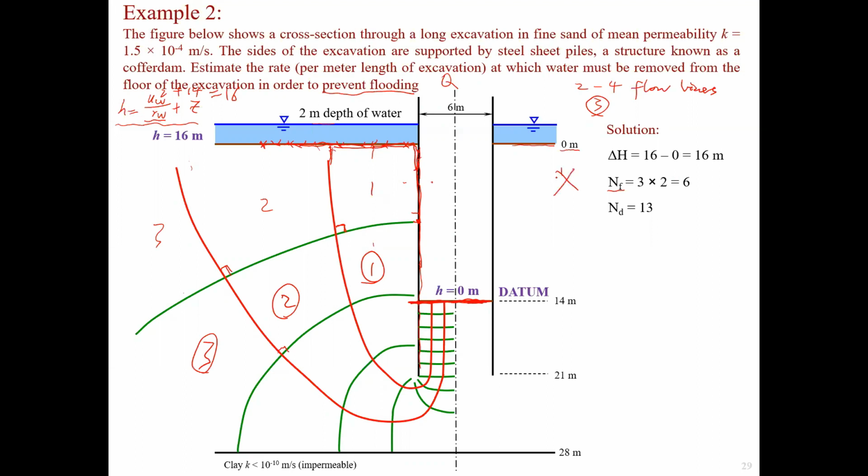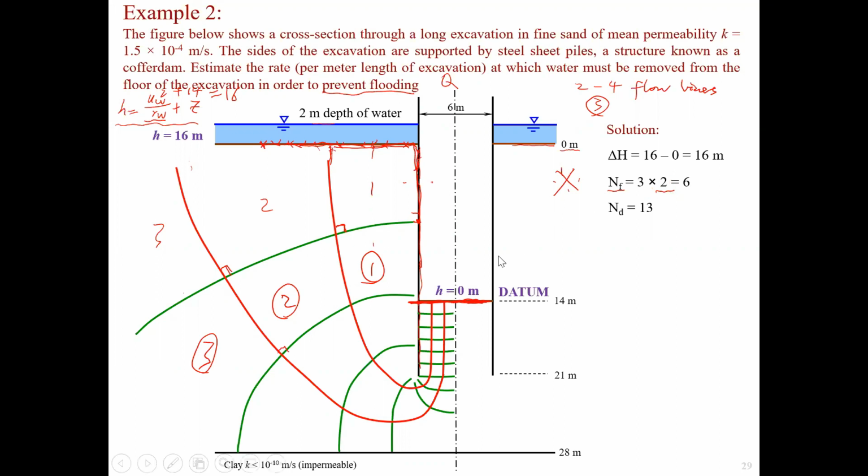But because it's symmetric, on the right-hand side we have another 3 flow tubes, so you have to times 2. Here you have to be careful. In some assessments, you may forget to times 2 for the symmetric problem. If the problem is symmetric and you only plot the left-hand side or right-hand side, remember to times 2 to give the total number of flow tubes.